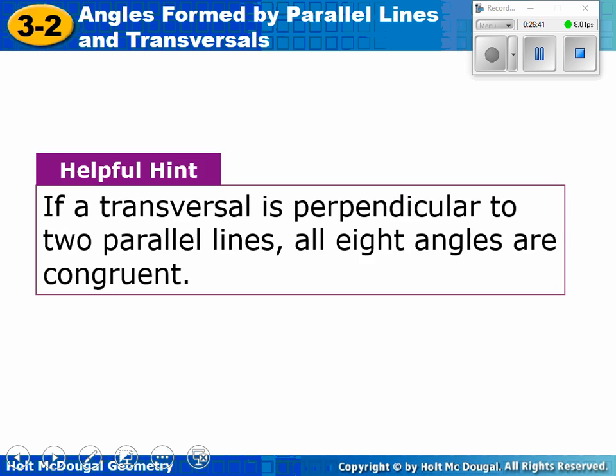Before we look at an example, this is important. It says if a transversal is perpendicular to two parallel lines. So parallel line, parallel line. If the transversal is perpendicular to these parallel lines, what's it mean to be perpendicular?